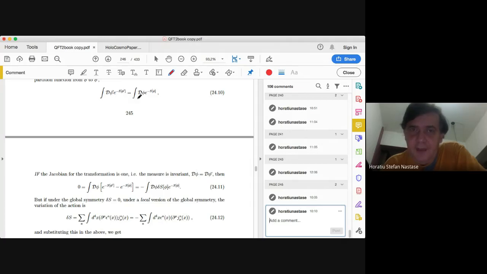Then we can replace d phi prime with d phi, and I have integral d phi exponent minus S of phi prime minus e minus S of phi. But if this is infinitesimal, I can take the variation down and say that I have minus integral d phi variation S exponent minus S.